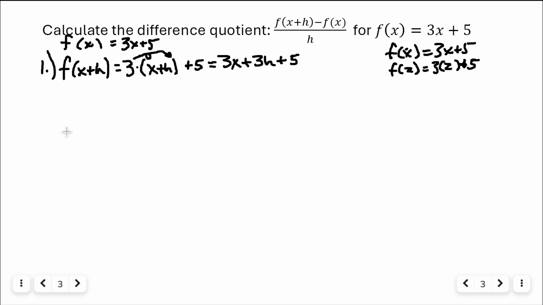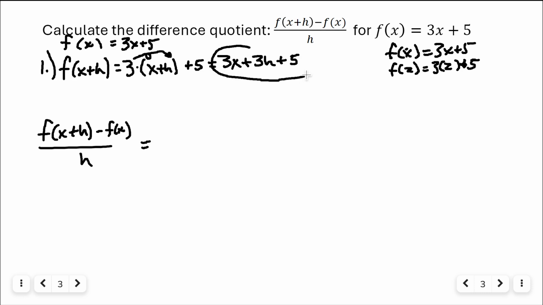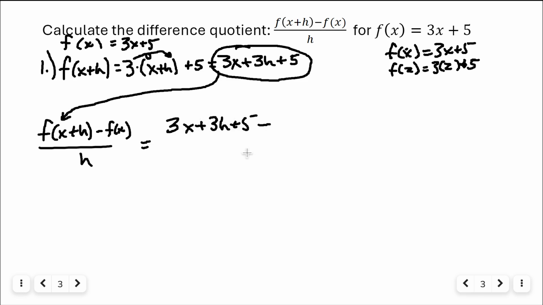Okay, now the next thing we're going to do is use this formula that we have here, f of x plus h minus f of x over h. And we're going to start plugging things in. So f of x plus h, we just found, 3x plus 3h plus 5. So in place of f of x plus h, I'm going to write 3x plus 3h plus 5 minus f of x.